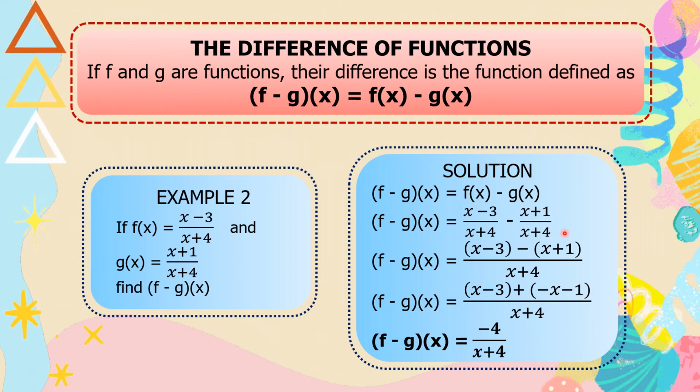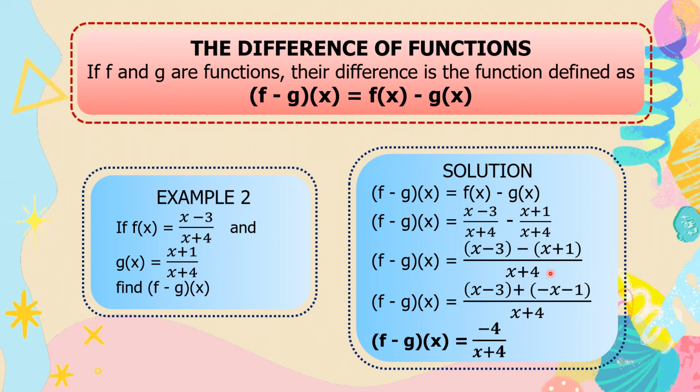So, to solve or to subtract rational or fractions, ay kukunin natin muna ang LCD. So, mapapansin naman ninyo na ang ating denominator ay pareho. So, ibig sabihin, ito na ang ating LCD, which is x plus 4.